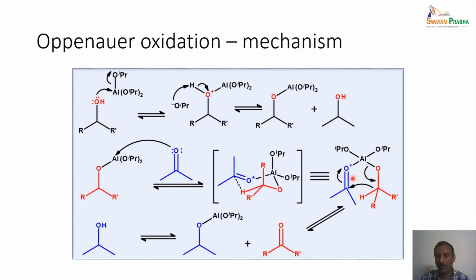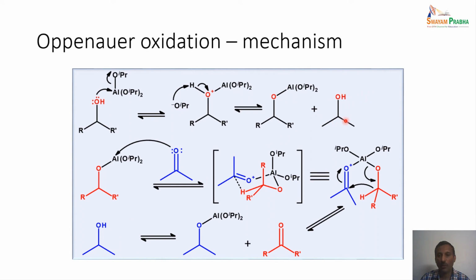And now what happens? The carbonyl unit used as a second substrate can be an aldehyde or ketone. In this particular case we are using acetone. It takes a proton from the solvent. When this oxygen-aluminium bond is broken during the workup, it is converted to the corresponding hydroxyl unit, that is, isopropanol is formed.